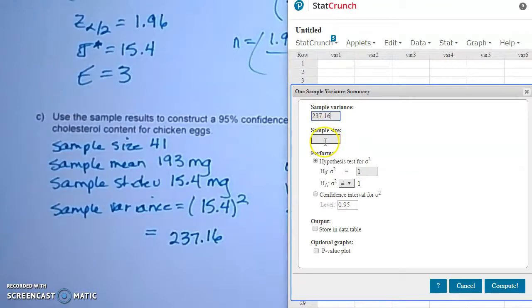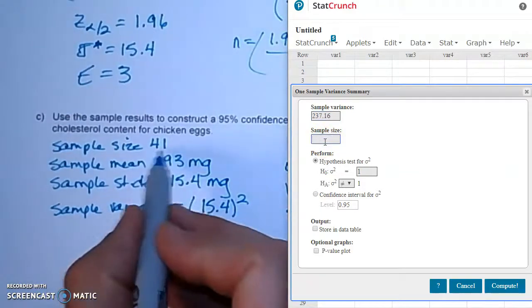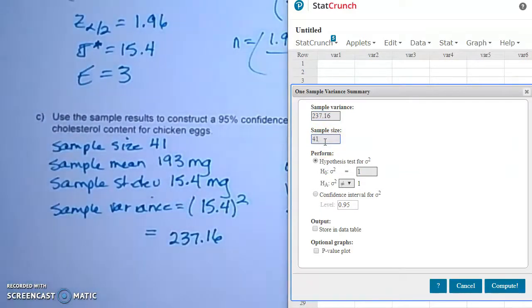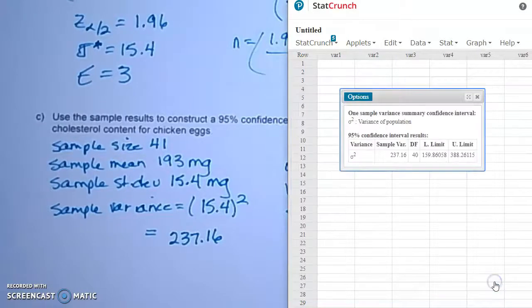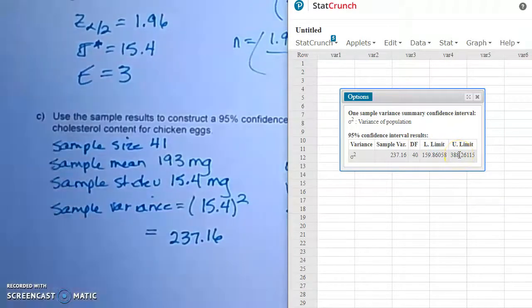Our sample size was 41. Then we're doing a confidence interval, and we want this to be 95% confidence, so I'm going to leave that as 0.95. The results I get here, notice they show me the sample variance, not the sample standard deviation, and my lower limit and upper limit, those are both for the variance.